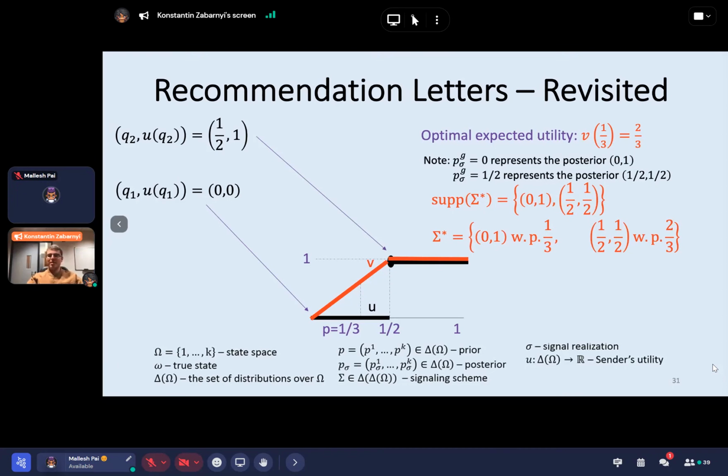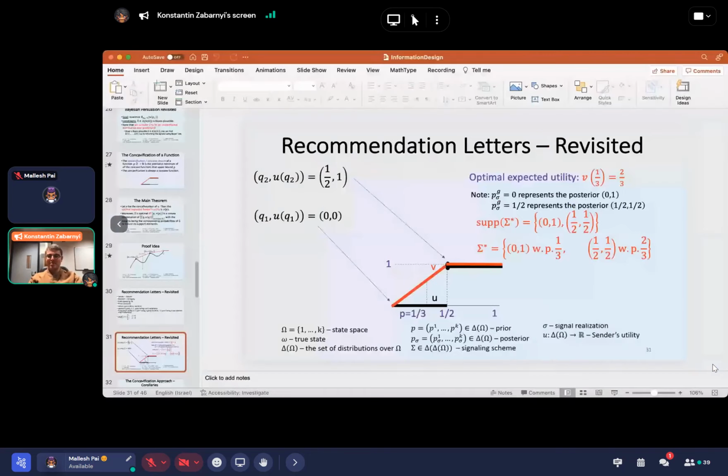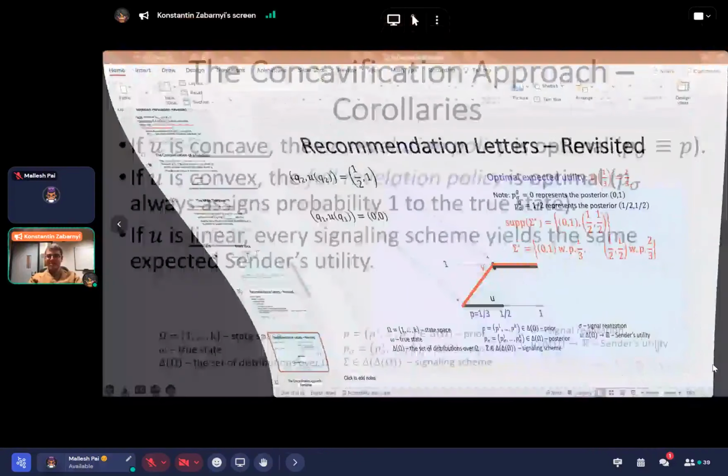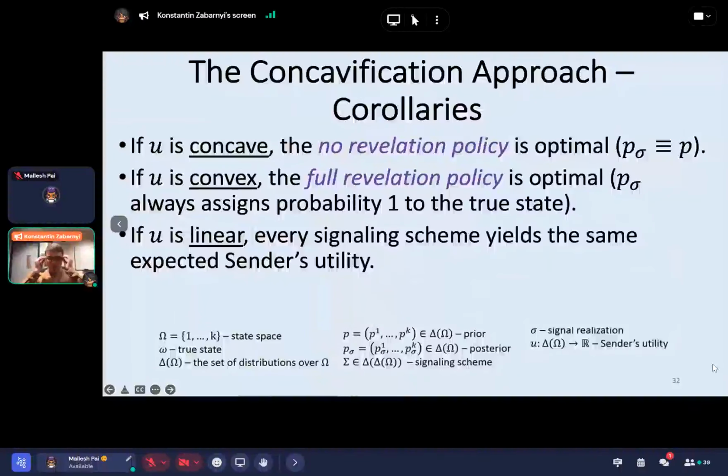So any questions about this example and the main theorem in general? If not, then let's go over easy corollaries, easy but important, and then let's see algorithmic aspects and extensions.